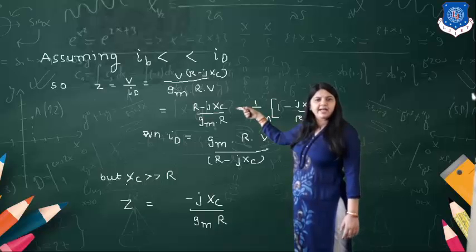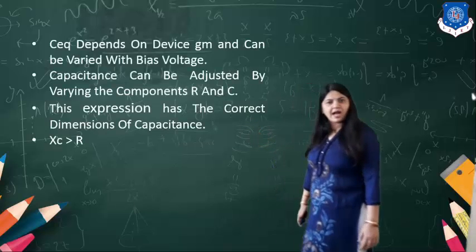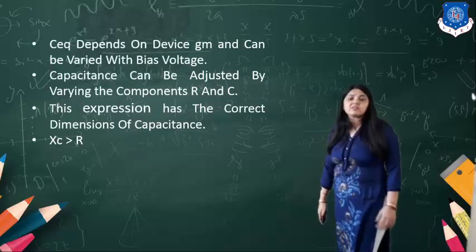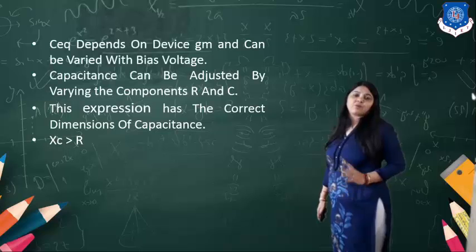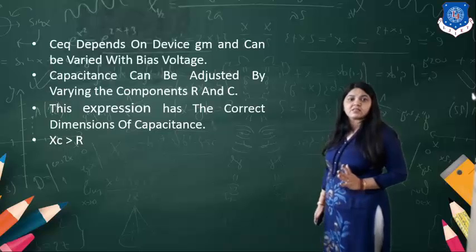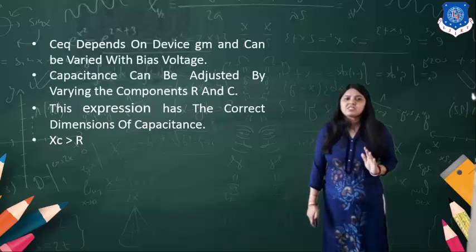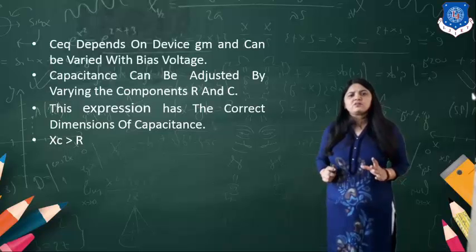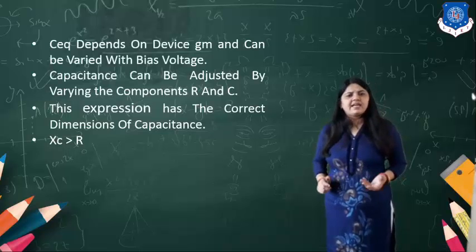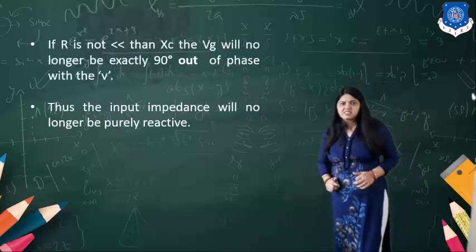So it is minus jXC upon Gm into R. This way the C value depends on Gm and can be varied with the bias voltage. So the capacitance value can be adjusted by varying the components R and C. This expression can correct the dimensions of the capacitance.